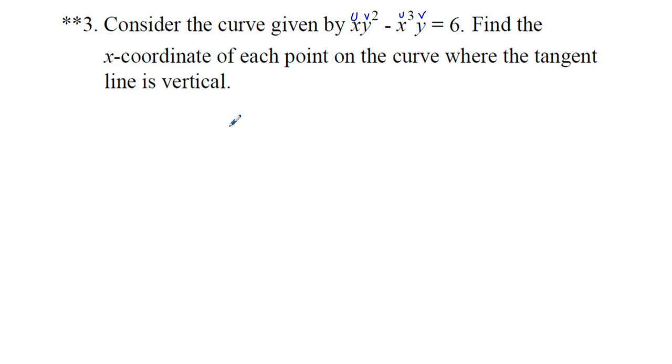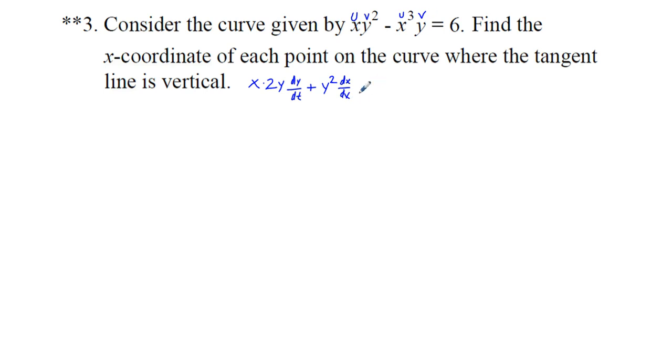And so implicitly differentiating, we're going to have u times the derivative of v, which is going to be 2y dy dx, and plus v, which is y squared, times the derivative of x, which is going to be dx over dx.